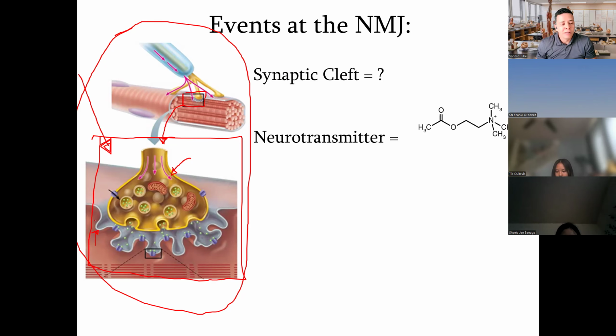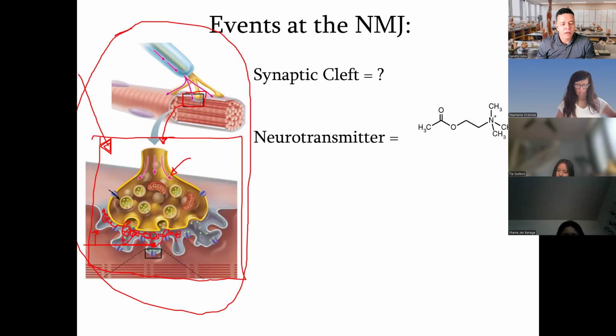And what I want you guys to notice is that in between the axon terminal of the motor neuron and the sarcolemma of the skeletal muscle cell, there is a space right here, folks. I am filling in this space right here. This space is a very important space, and it does have a name.